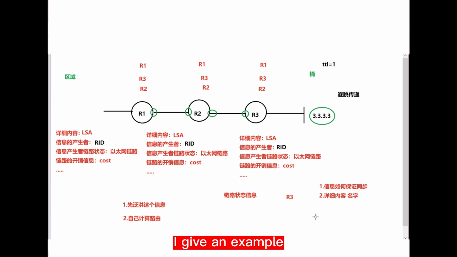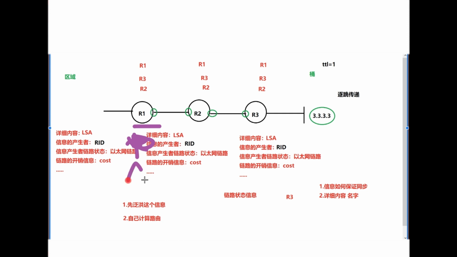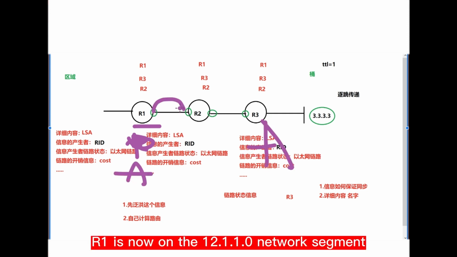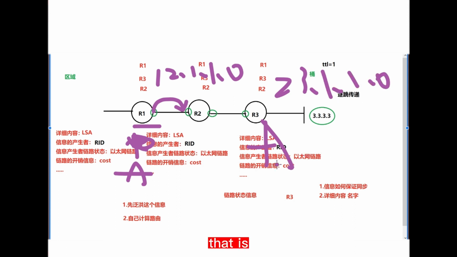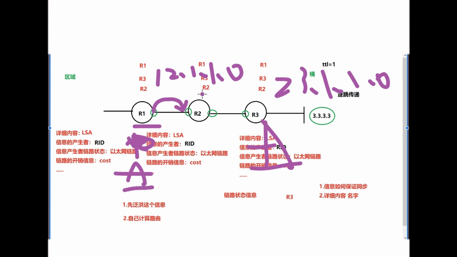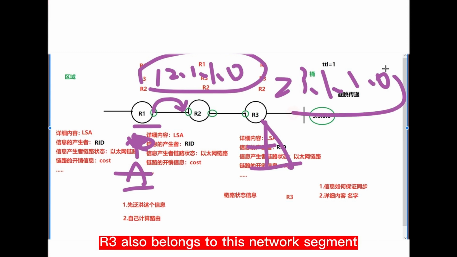I give an example. The router ID of R1 is A. The router ID of R3 is also A. R1 is now on the 12.1.1.0 network segment. R3 is on the 23.1.1.0 network segment. That is, now A has generated two messages. R1 belongs to this network segment, and R3 also belongs to this network segment.